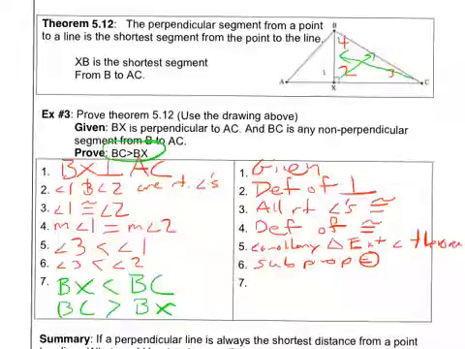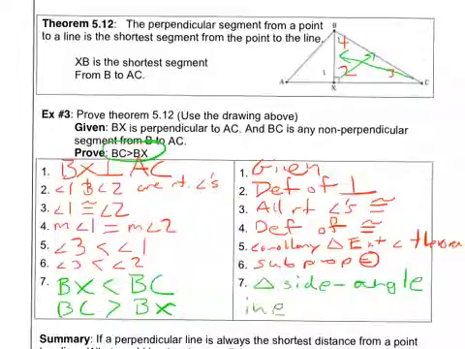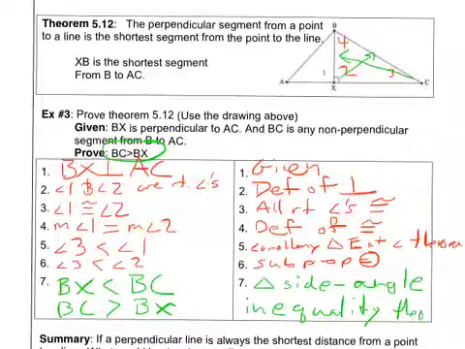I called it the triangle side angle inequality theorem. There you go, triangle side angle inequality theorem. Now that's just a made-up name, but in my class, if that's what you use, we'll let it slide because otherwise it doesn't really have a name.